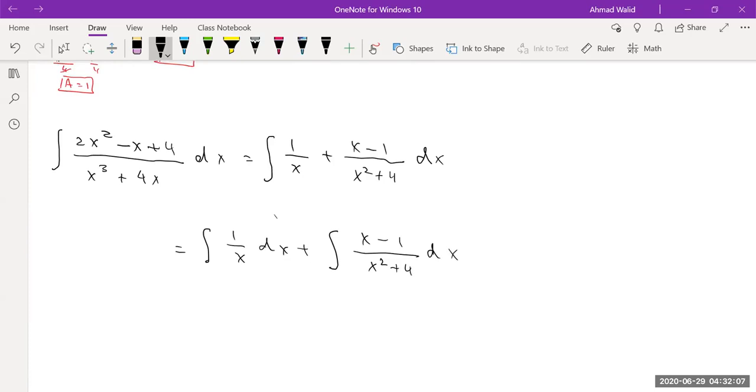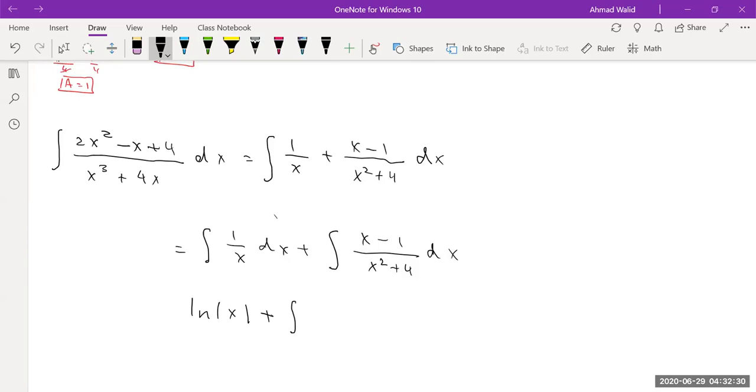Now, this part, I told you, it's easy. The integral of 1 over x dx gives you ln absolute value of x. Plus, how to deal with this part? Can I rewrite (x minus 1) over (x squared plus 4) as two separate fractions? Definitely.